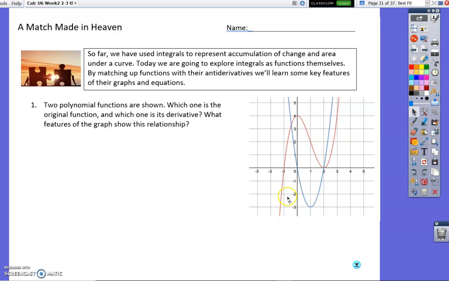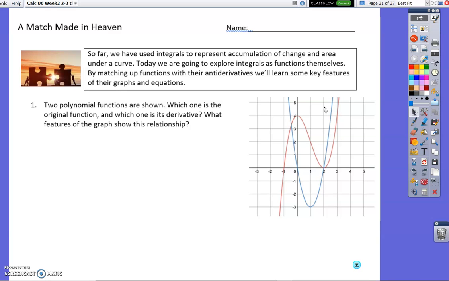Okay, so I'm back, and so when we look at this, clearly the red one, which is a cubic function, is the original, and the blue one, which is a parabola, a squared function, is the derivative. And we can say that because, well, one's cubic and one's squared, but we've got to be a little bit more clear than that. So even though that's a good reason, it's not a great reason.